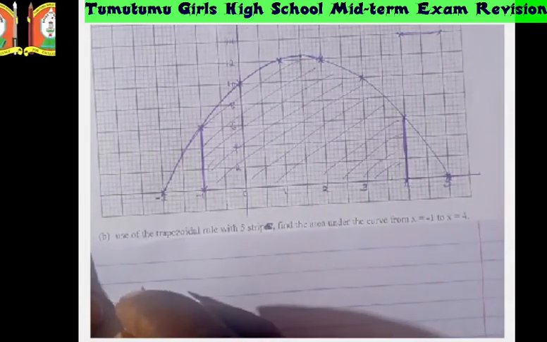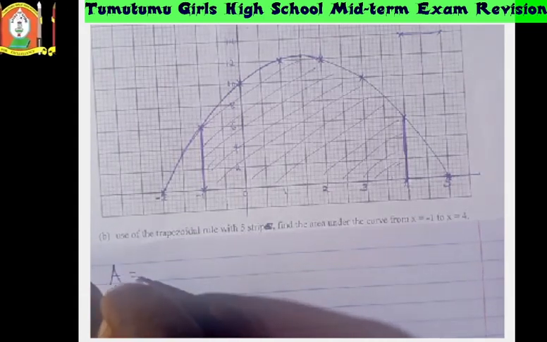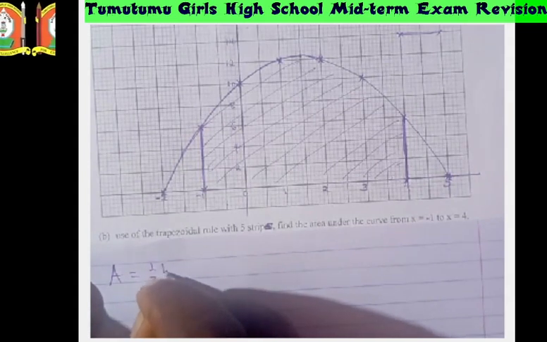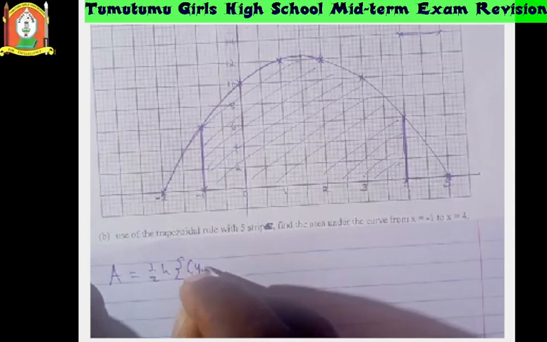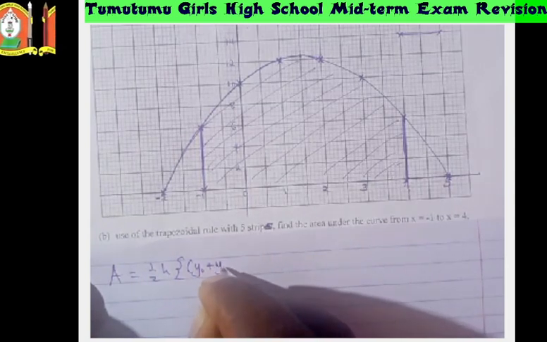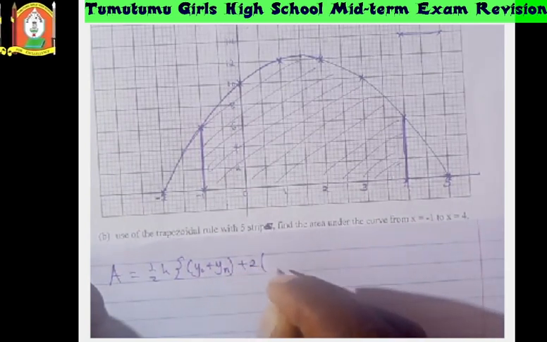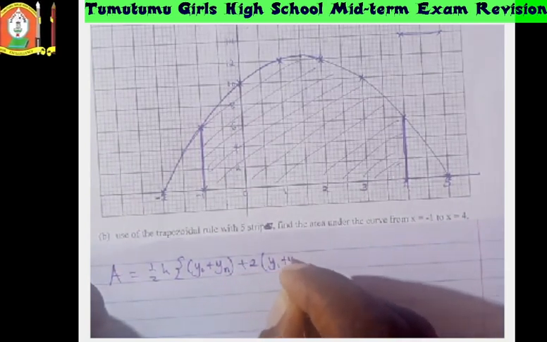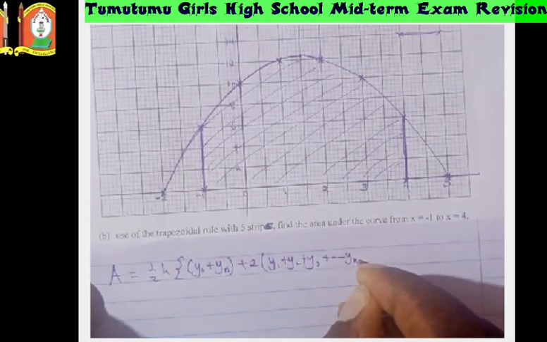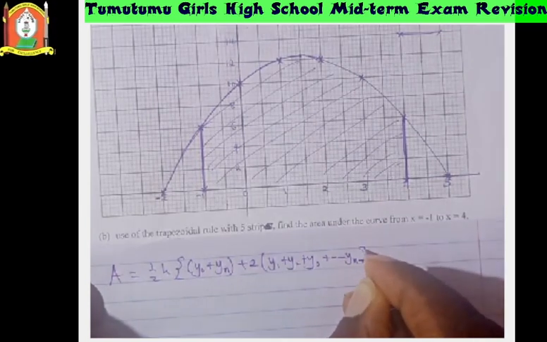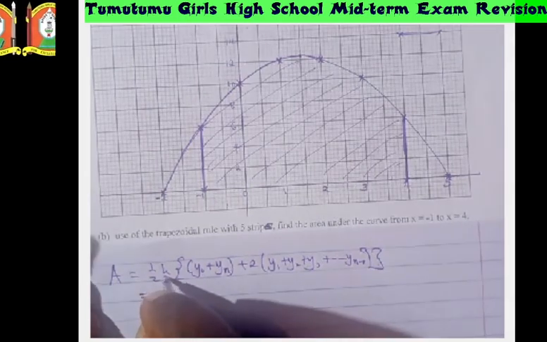The trapezium method says area is equal to a half h, then in brackets y0 plus yn, the first and last values of y, then 2 into y1 plus y2 plus y3 up to yn minus 1. Then we close brackets.